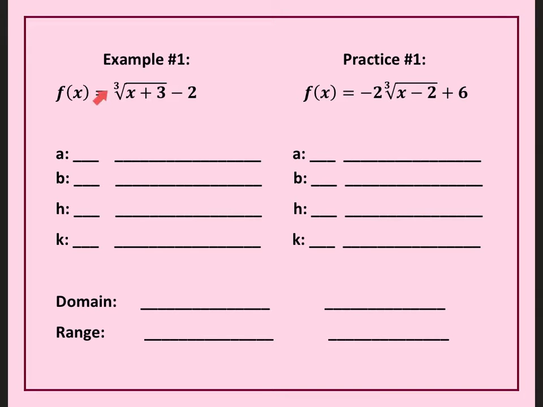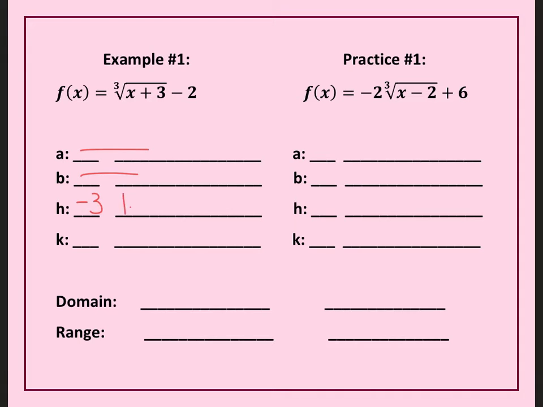So for example 1, I don't see an a value here because there is no number in front of the radical. There is no number in front of x, therefore the b value is a 1, which doesn't cause any kind of translation. So then we have these two numbers. h is the number that's underneath the radical, but h is always going to change signs. So in this case, h is a negative 3.